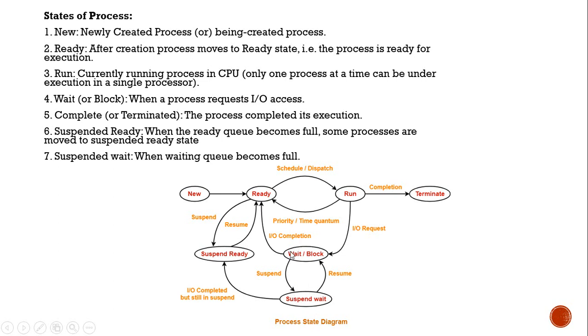Once space is available in main memory, those processes will be resumed and placed back into the wait or block state. Okay. So after successful completion of a particular process, that process will be terminated, and the value of the process state attribute will be terminated. Okay, so this is all about process management and process states.